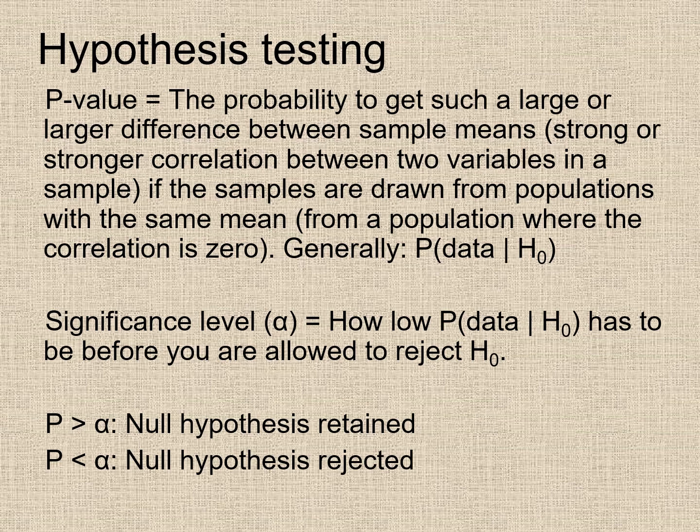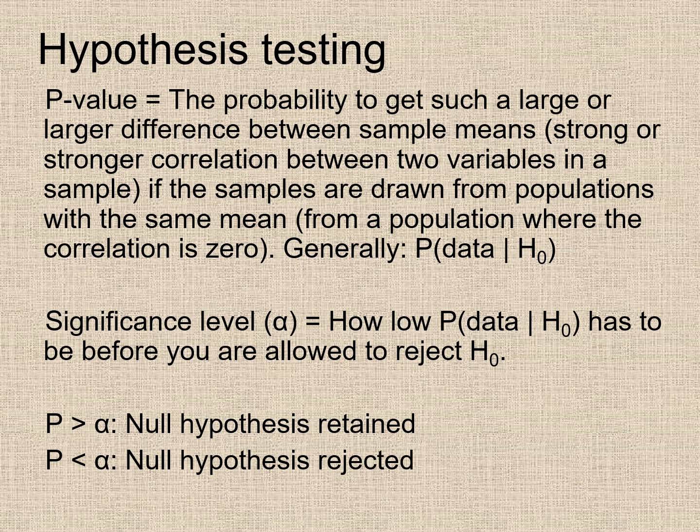So we calculate the p-value, and the p-value stands for the probability of getting this strong or stronger correlation between x and y in a sample of this size, given that the null hypothesis is correct, given that there is no correlation between x and y in the population in question.